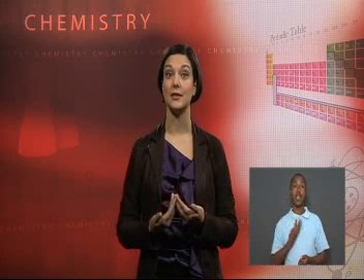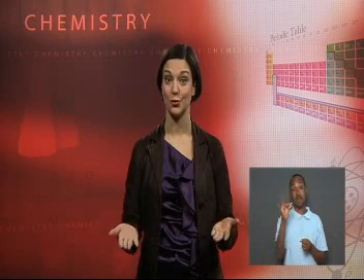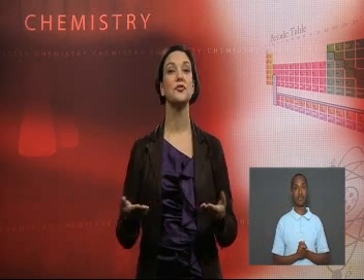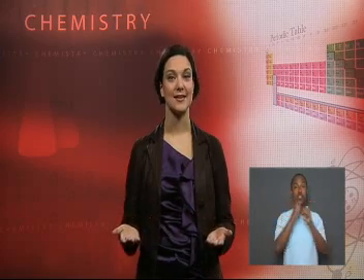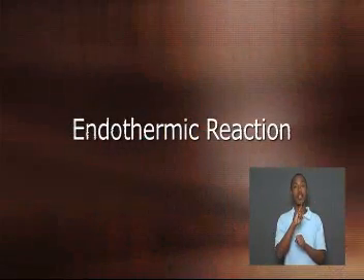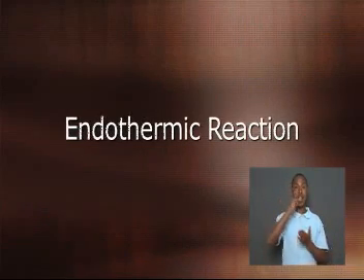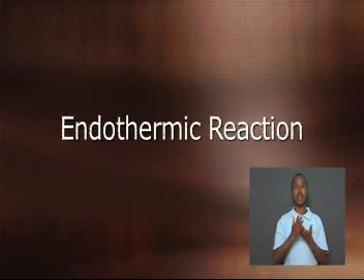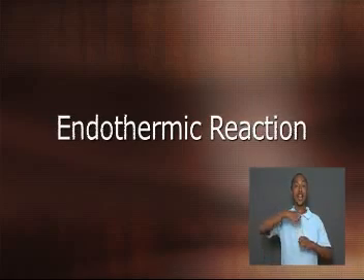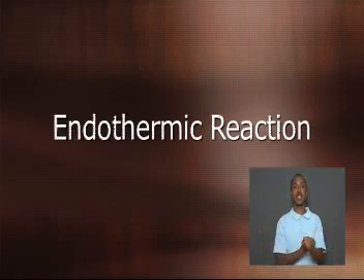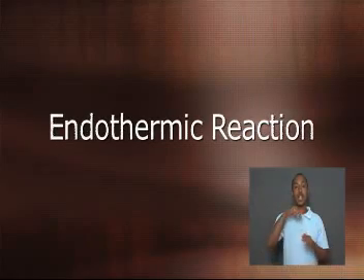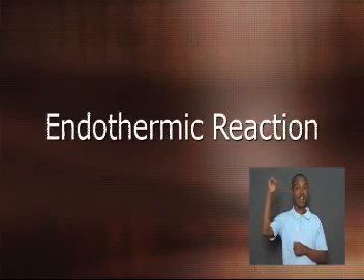We need to eat those plants to survive. Photosynthesis is an endothermic reaction because it would not happen without an external source of energy, which, in this case, is sunlight.